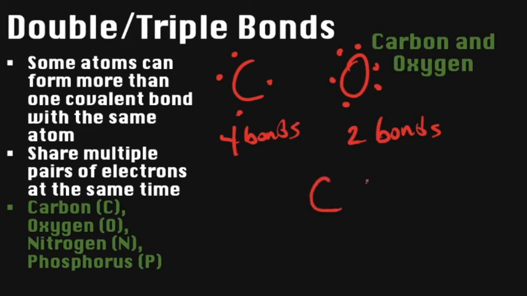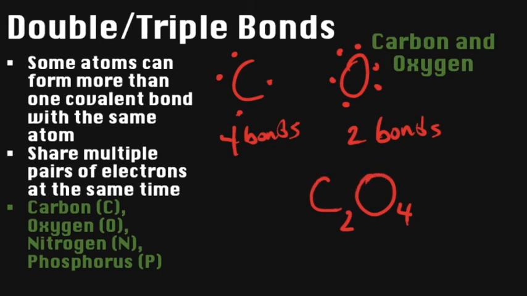So CO, carbon wants to make 4, oxygen wants to make 2. Now what we'll do is we'll cross and drop. And at the bottom, we get 4 down here and 2 here. So let's do some erasing. There we go.